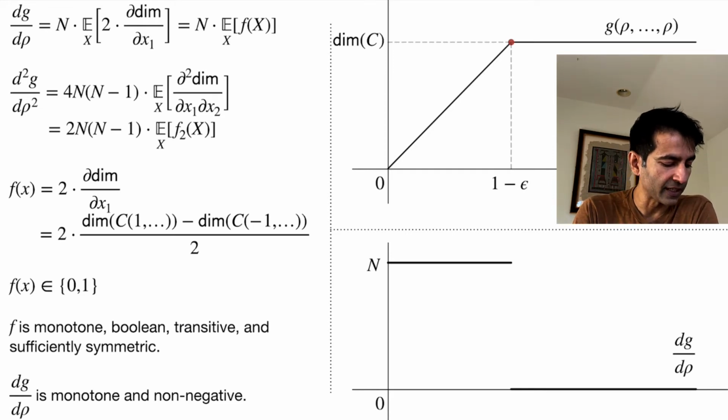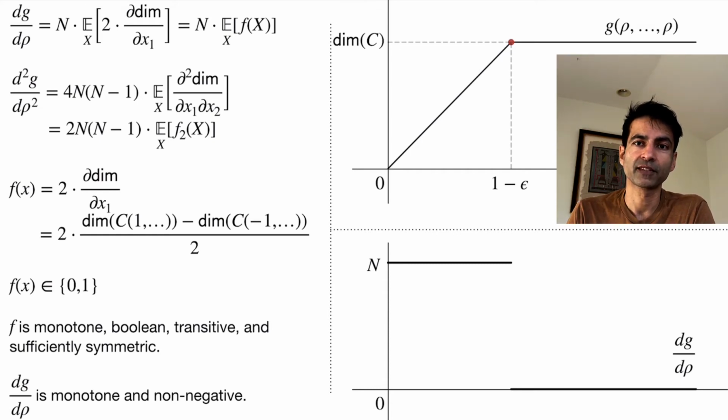And finally, it must be the case that dg over d rho, for all these reasons, is monotone and non-increasing. So it's a function, the derivative over here is a function that's bound between the two boundaries of the step function. It's monotone and it's non-increasing. So we're getting closer towards showing that this really looks like a step function.